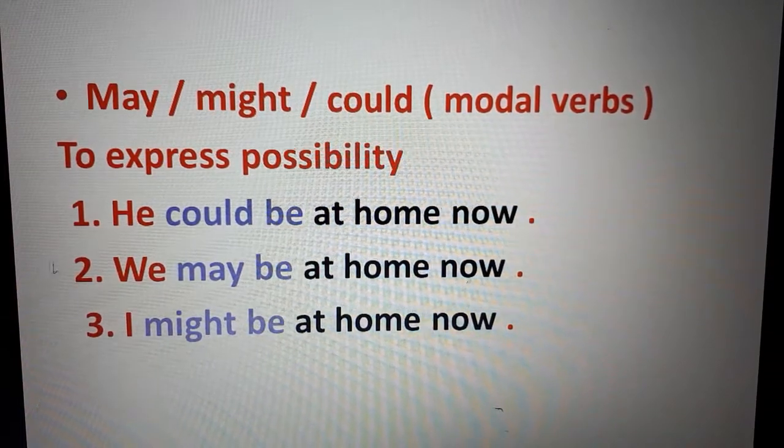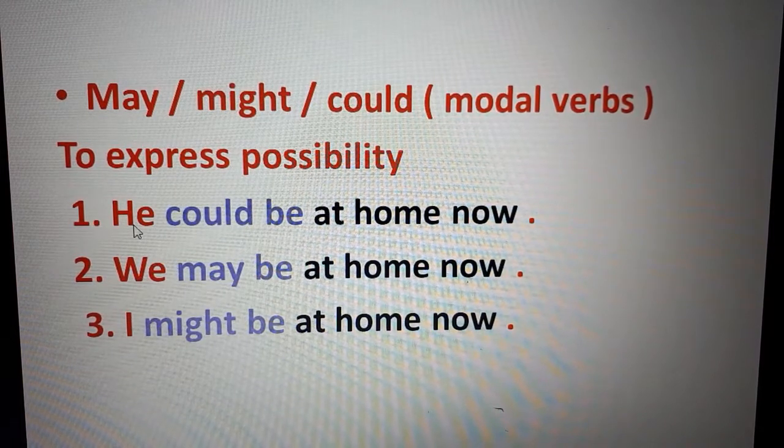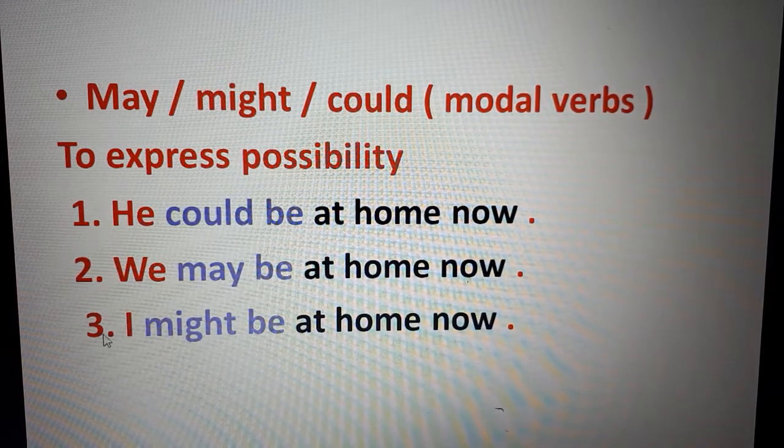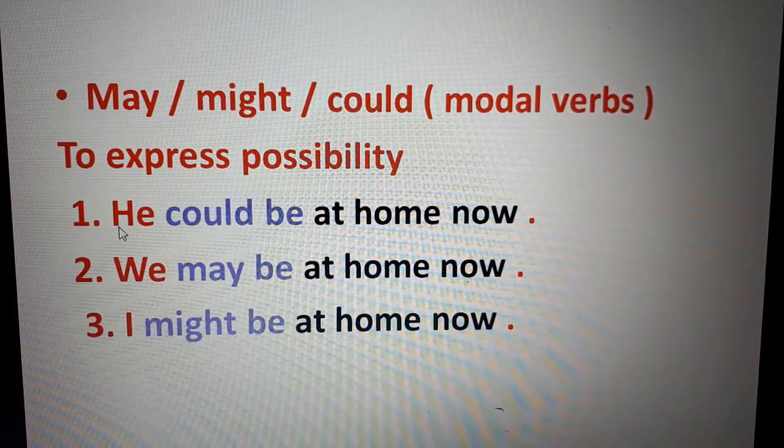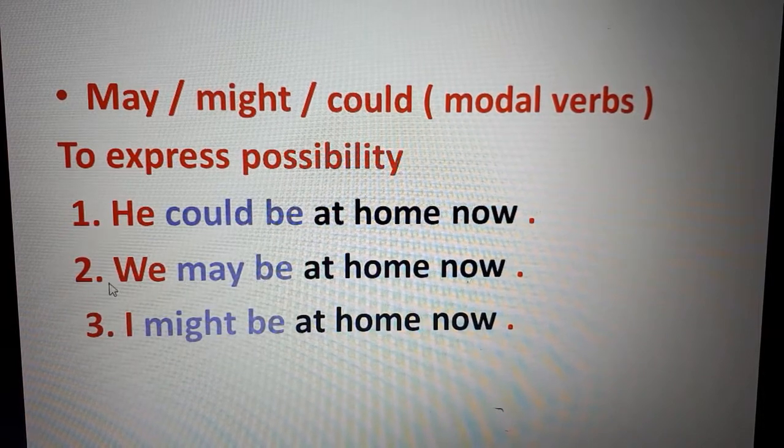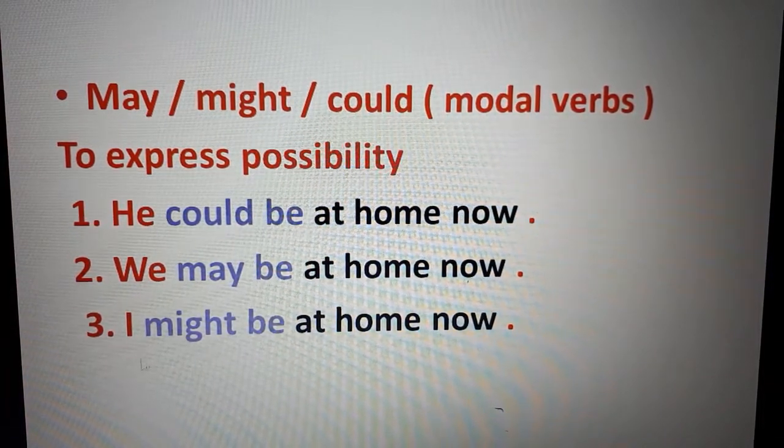First, I can use them with he or she or it without adding s or es. Second, I can use these modals with all personal pronouns without any difference. I can say he could, we could, they could, we may, I may, he may, she may, it may, I might, she might, it might.